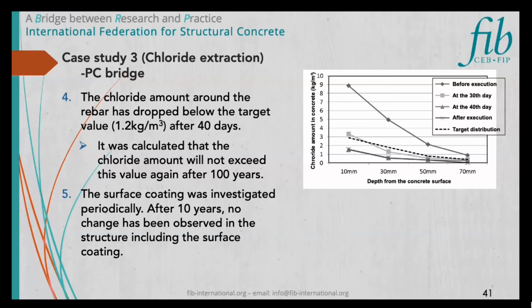It was calculated that the chloride amount will not exceed this value again by the rediffusion after 100 years. The surface coating was investigated periodically. After 10 years, no change has been observed in the structure, including the surface coating.